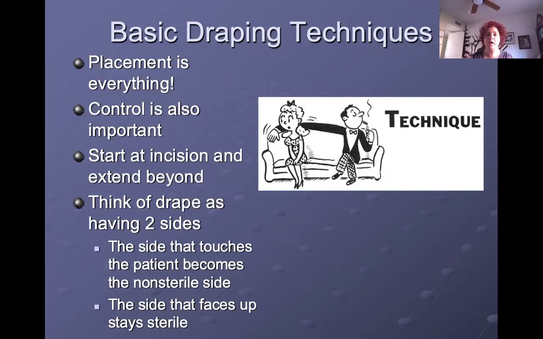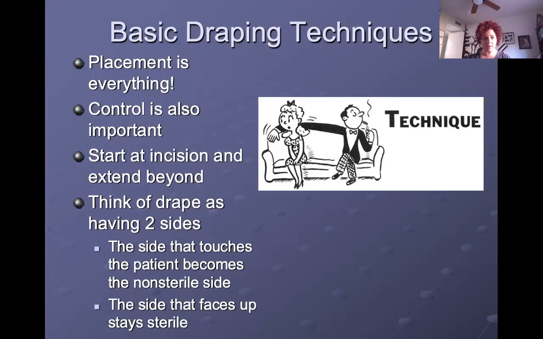So the part that you see initially is the side that is going to touch the patient and become the non-sterile side, okay? Once we place the drape and we start to open it, that top side stays the sterile side. That's the side that we're going to be touching.